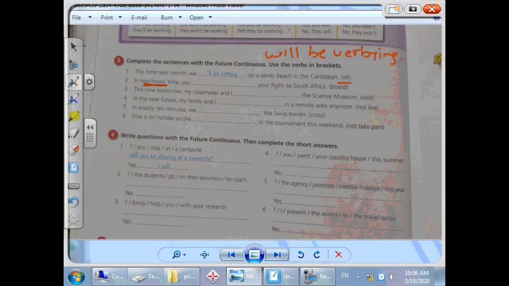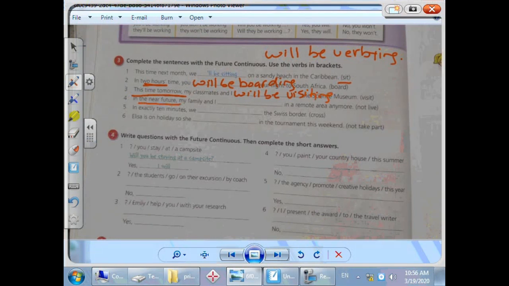So in 2 hours' time, you, excellent, will be boarding. Next, this time tomorrow. You know exactly when. This time tomorrow, my classmates and I, very good, will be visiting.